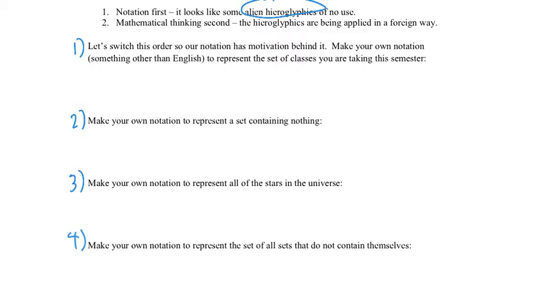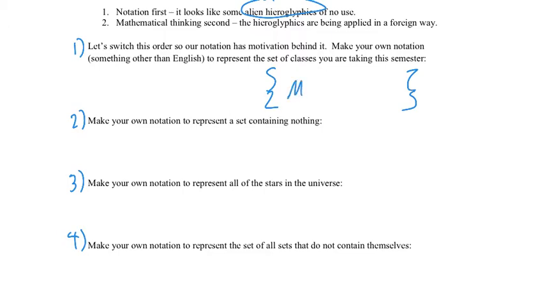Okay, so if you've tried this on your own, now as an instructor, I have some motivation to give you the notation that mathematicians have generally agreed upon to represent things like this. So if we're going to make notation to represent the set of all classes we're going to take this year, mathematicians have arbitrarily decided that this is the symbol to contain a set, these curly brackets. So everything that's in the set goes inside of the curly brackets.